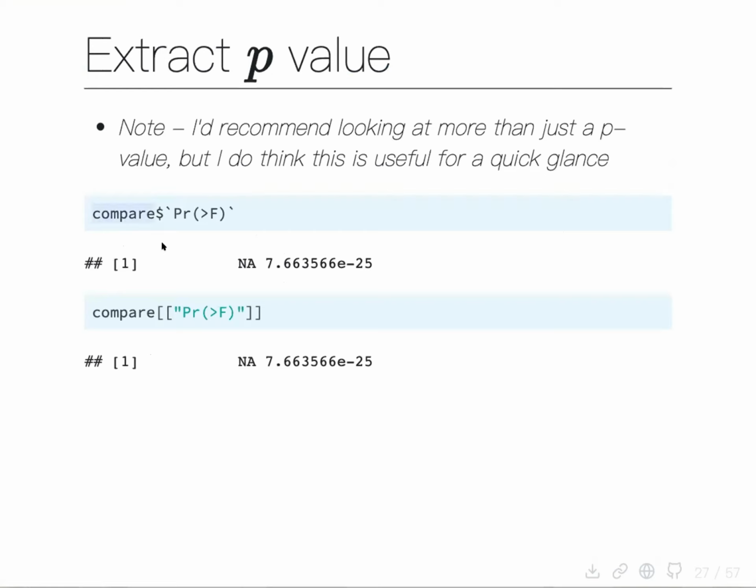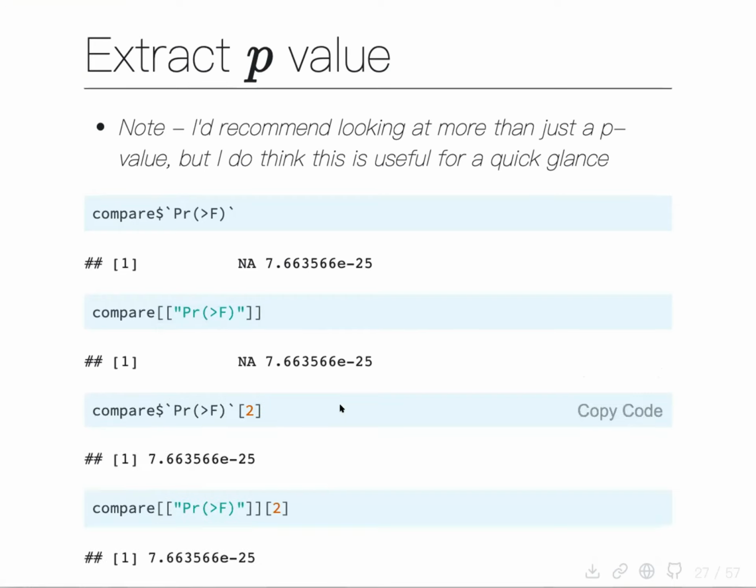If we were going to do this just for the one ANOVA object that we have, I would say compare, which was the name of my object, then $, and then I could put this weird code around prf, and I would get this. Or I could do it this way with the double brackets, and I get the same thing. Notice this is still a vector of length 2, and I really only want that second one. So what I'd actually do is just pull the second one from here.